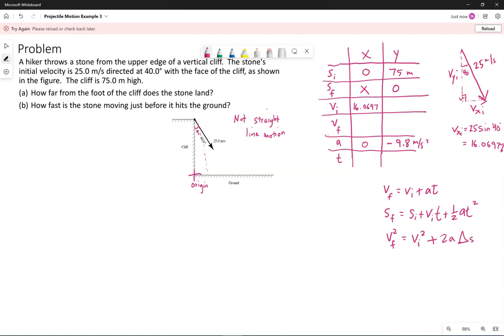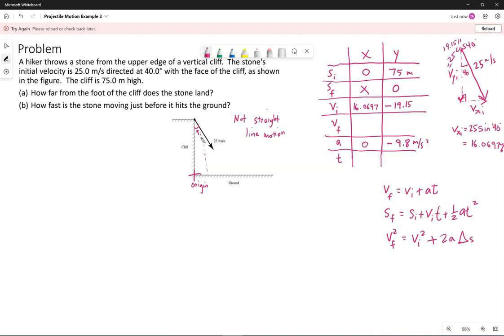In the y direction, we're adjacent to the 40 degrees. So this is going to end up being the 25 cosine 40. But again, it's downwards, so we do need to put a negative sign on there. So 25 cosine 40 gives me 19.1511.